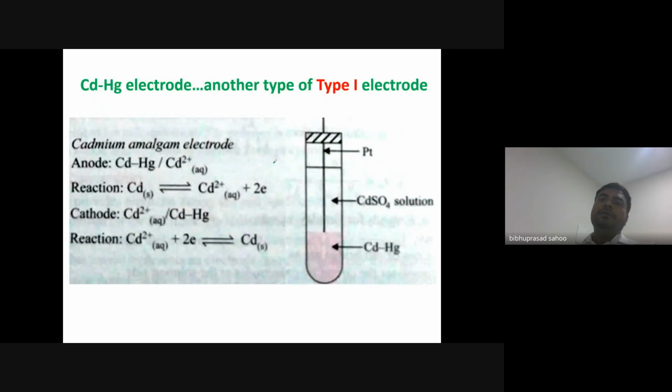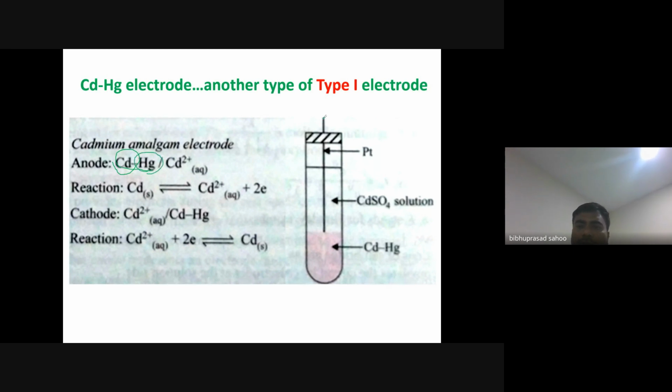So student, type 1, another electrode is coming, that is the cadmium amalgam electrode, which is another type 1 electrode. See here, the representation is Cd hyphen Hg. That means cadmium is reactive, its reactivity is diminished or decreased by coating with mercury. This is the mercury which is coated.